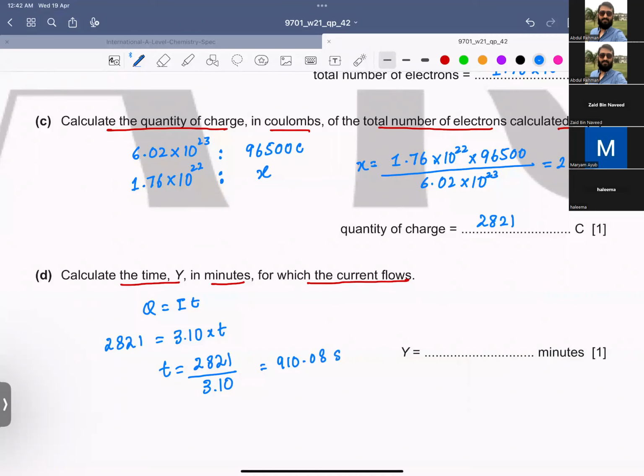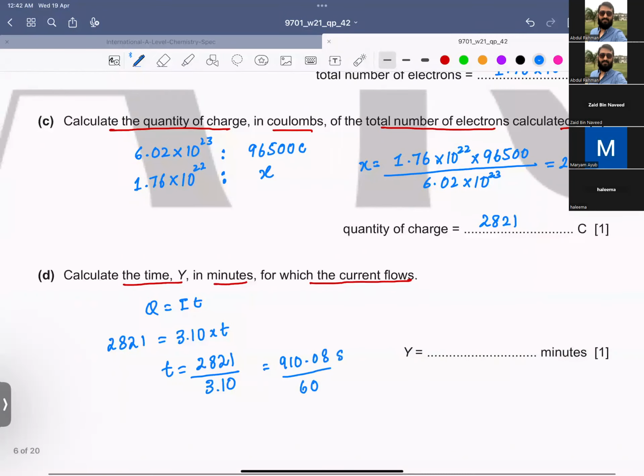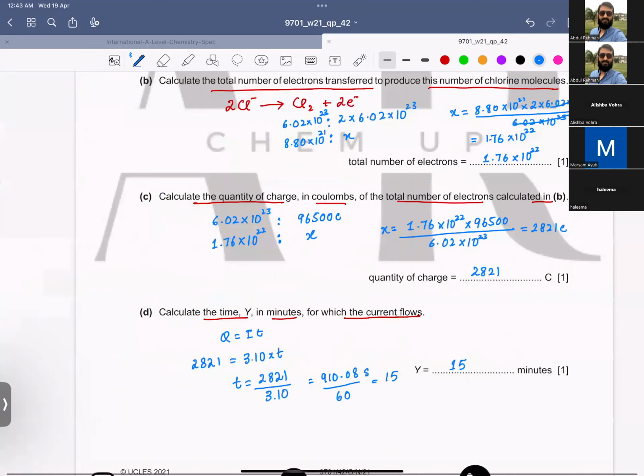And they have asked you in minutes, so you have to divide it by 60 to convert into minutes. 15. So it would be 15 minutes. Is this understandable to everyone?